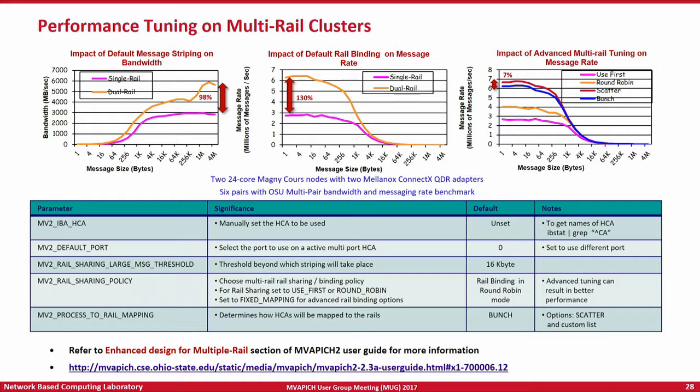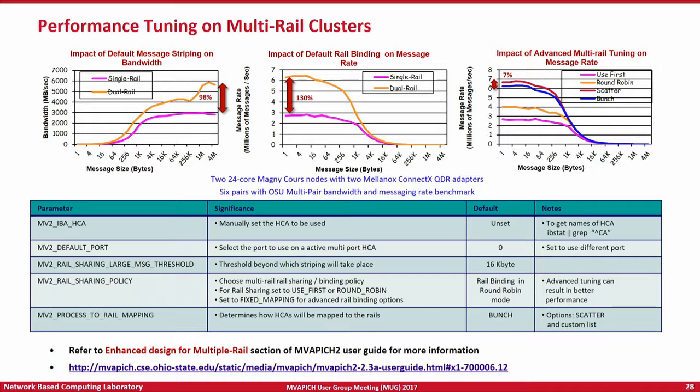Just like in the case of mapping processes to cores, as you saw from Dr. Hyun-Ryu's talk, it is very important to map a process to specific cores. Just like that, it is also very important to make sure that, in a multi-rail scenario, processes are using the HCAs which are closest to them. So if you have two sockets and one HCA per socket, you want to make sure that the traffic does not go over the QPI to reach the HCA.